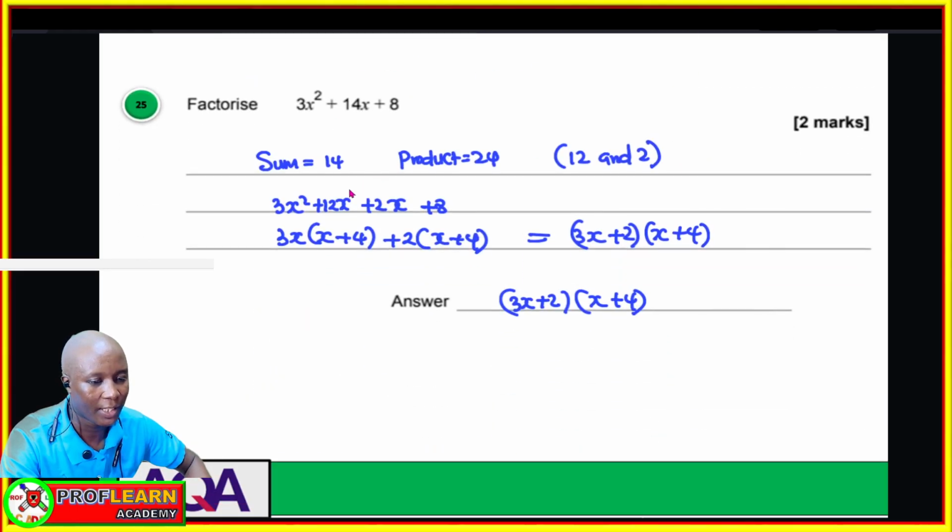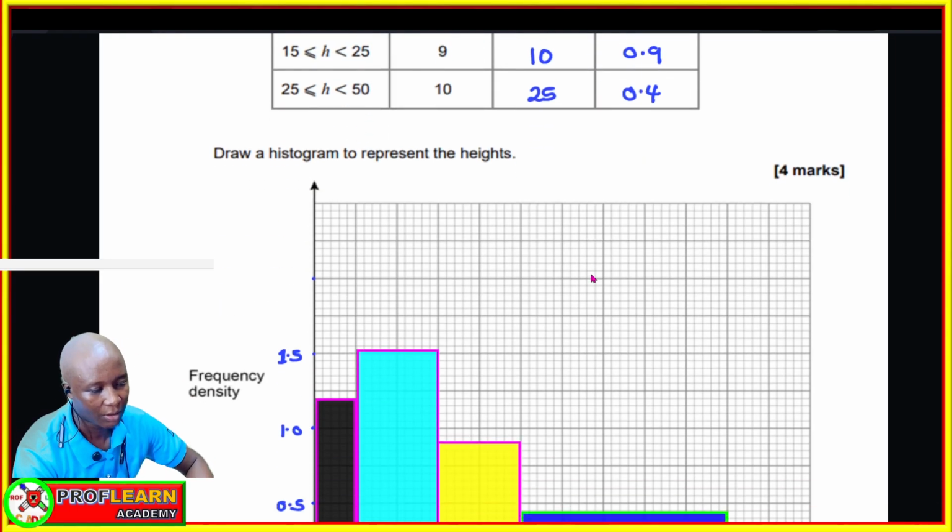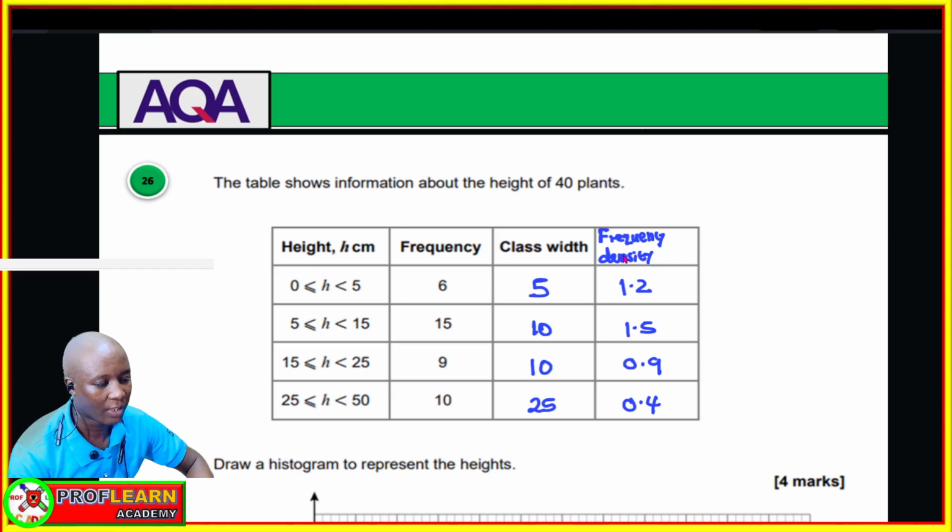We've already done questions to do with factorization. I believe at this particular point you can see how to factorize that. Don't forget to look at statistics, how to find the mean of grouped data, and also how to draw histograms. For you to draw a histogram, you need the frequency density. And frequency density is frequency divided by the class width. So the class widths are 5 minus 0, 15 minus 5, 25 minus 15, you get 10 here, 50 minus 25.